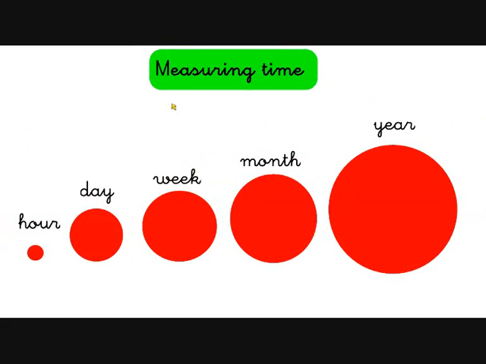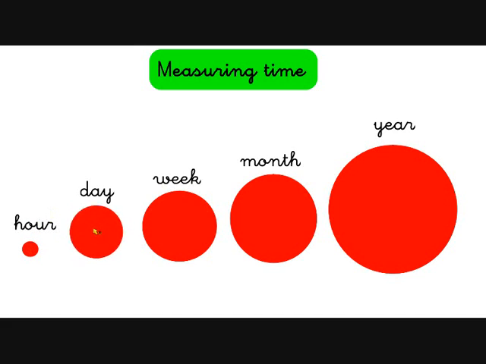So at the beginning we saw a watch, a clock, and we know that we tell the time using a clock. We measure the time by hours, yes, with the clock. This is a little circle, the hour.